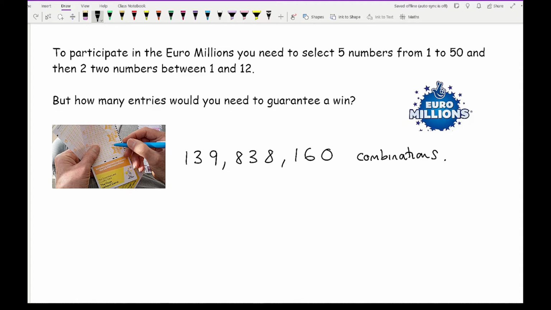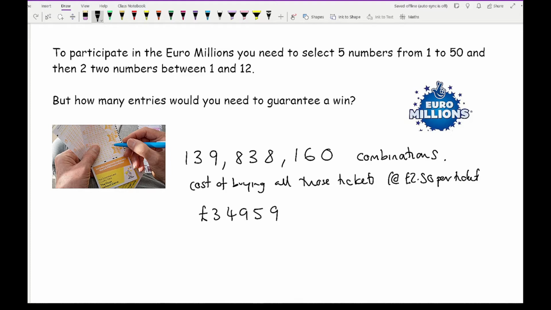So if I multiplied that by 2.5, at £2.50 per ticket, it would actually cost you, if I just write the digits because I've got it on my calculator, £349,595,400 to buy those tickets.